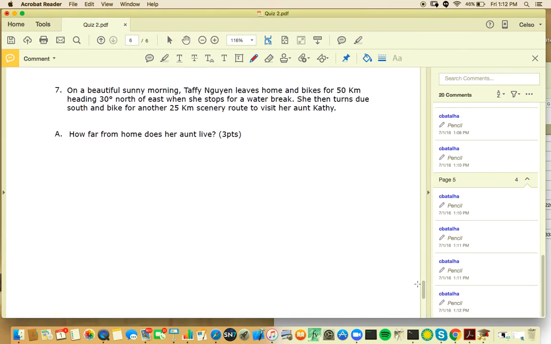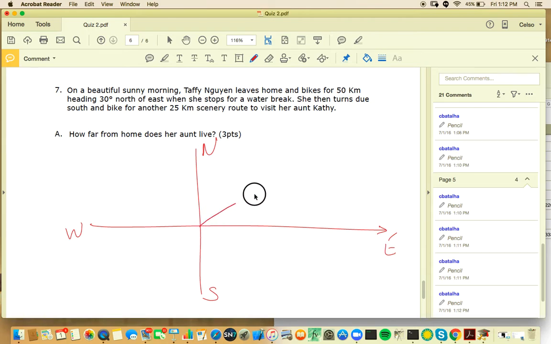On a beautiful sunny morning, Taff Newing leaves home and bikes for 50 kilometers. That is our east, that is our north, that is our south, that is our west. Taff Newing leaves home and bikes for 50 kilometers, heading 30 degrees north of east.